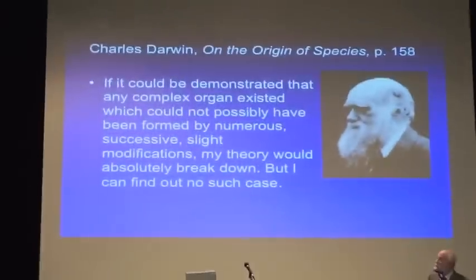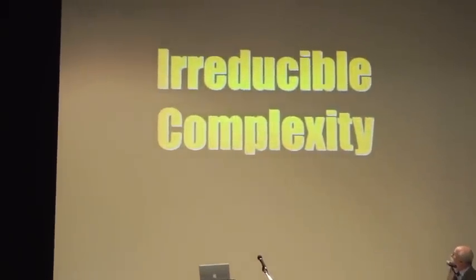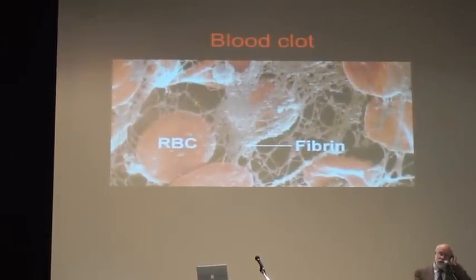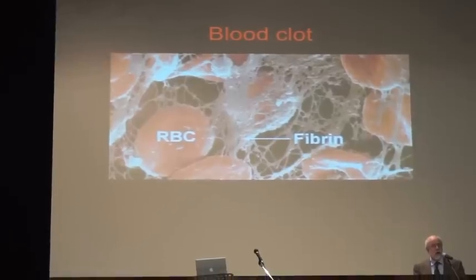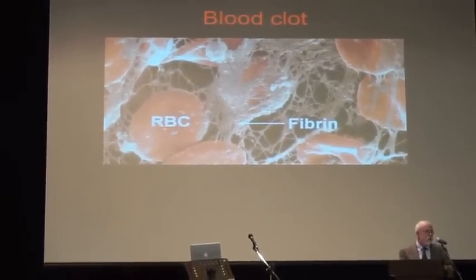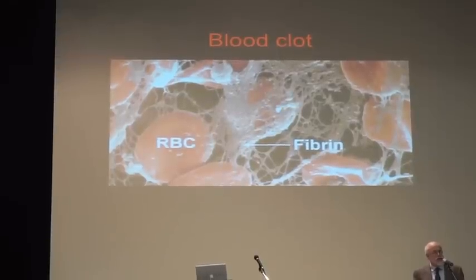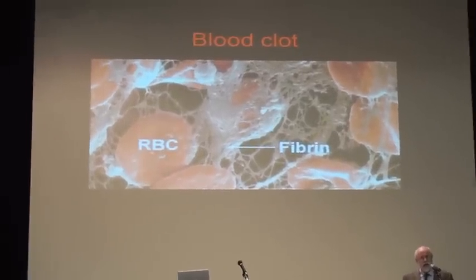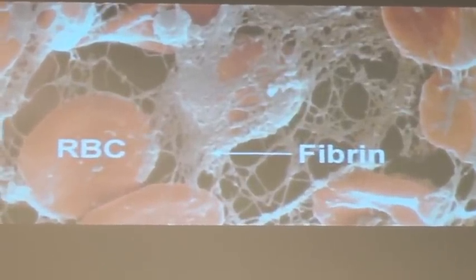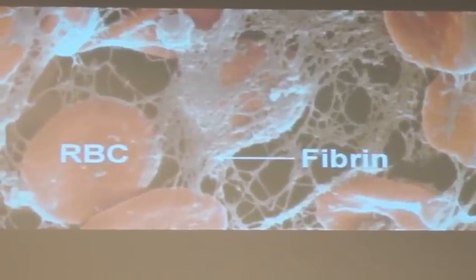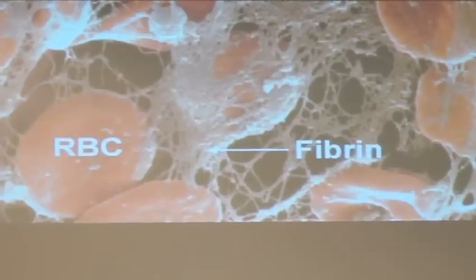And in my first book, Darwin's Black Box, I wrote about a number of different systems that science has discovered which have this property of irreducible complexity. And one that many people don't think about is the blood clotting system. You cut your finger and blood trickles out and it slows down eventually and stops and then heals over.